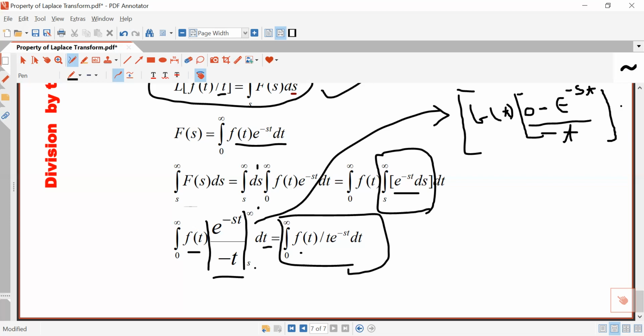And then this is dt, and this integration is from 0 to infinity. So in this way you will get this expression.